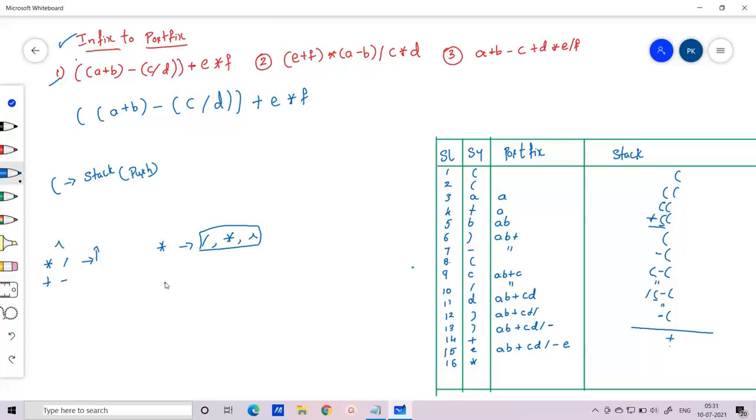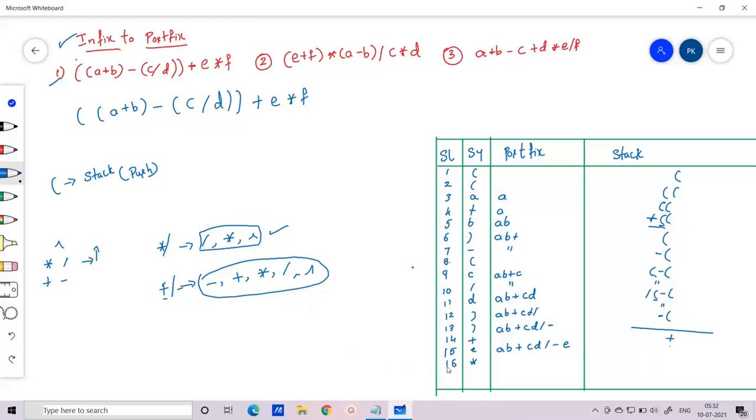If I get a plus operator, and in the stack I have any of these operators, like a minus, a plus, a multiplication symbol, a division symbol, or an exponent symbol, I can remove any of these characters from the stack. If I get multiplication or division, I can remove these characters from the stack.